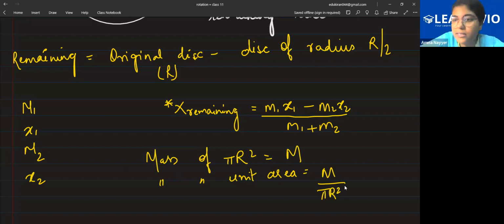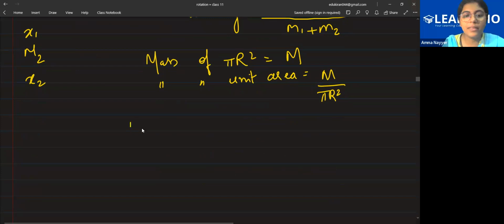So for area pi r square, you have the mass as M. Which radius do we need? We need it for r by 2. So it will be the mass of pi r by 2 whole square.